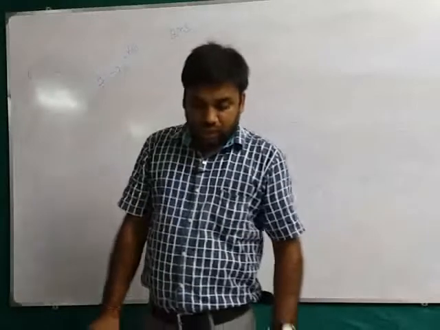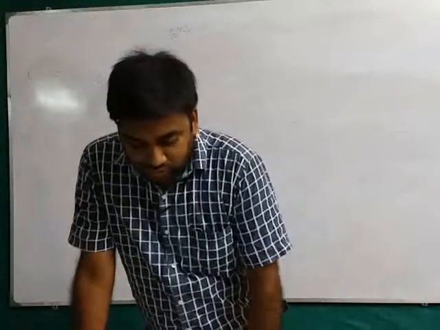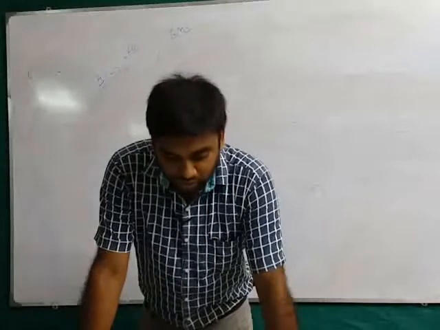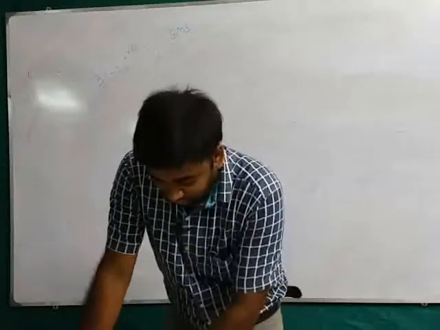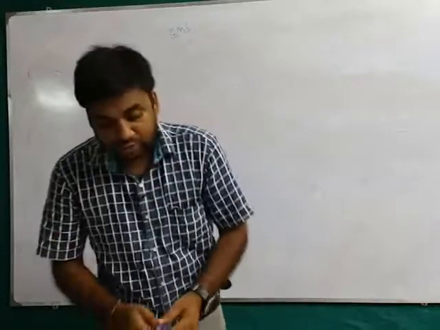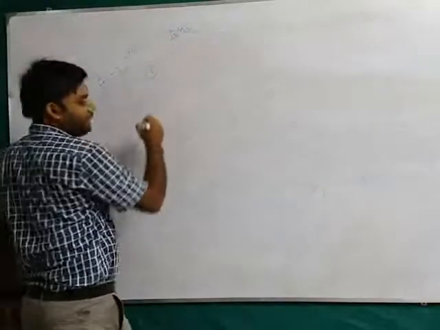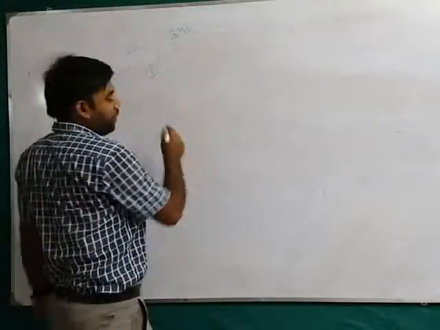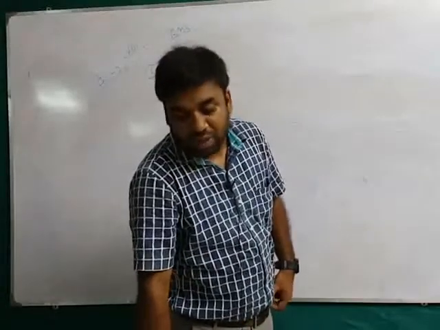In this class I will discuss some important sums of exercise 7.1, sum numbers 1, 2, 3 and 4. First sum of exercise 7.1, that is part 1. The instruction of part 1: which of the following numbers are not perfect squares?